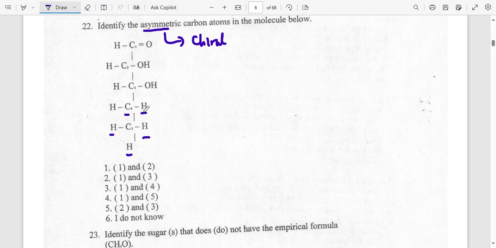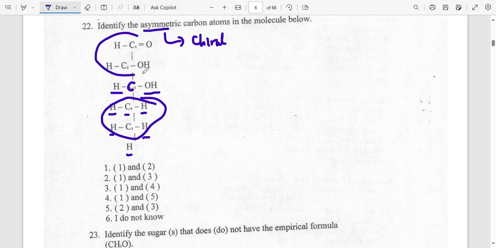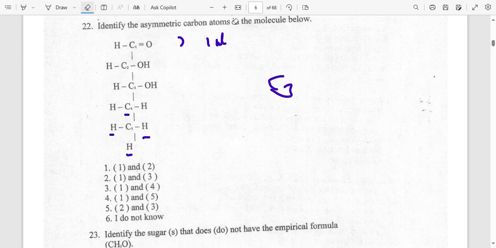This carbon has got 2 hydrogens, so it is also not asymmetric. But this carbon here has got what? Has got OH, it has got H, it has got this big group, and then it has got this big group on top. So C3 is asymmetric. It's bonded to 4 different things.